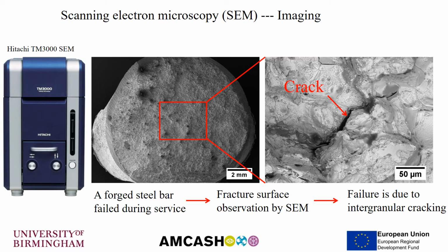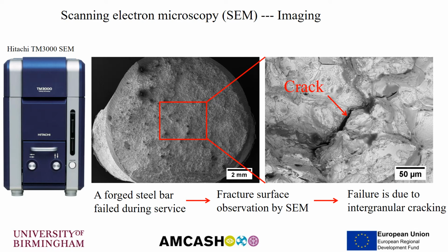The sample of the first example is a forged steel bar, which failed during service. The image in the middle is the overview of the fracture surface obtained by SEM, which is quite similar to an optical image. However, with the SEM, we can go to a much higher magnification and get more details.